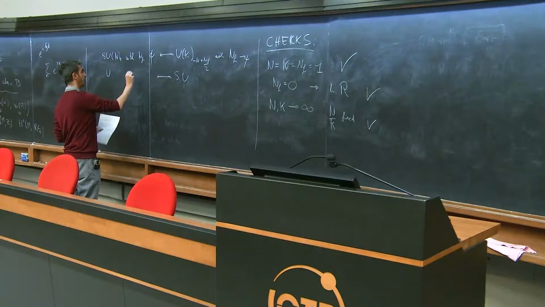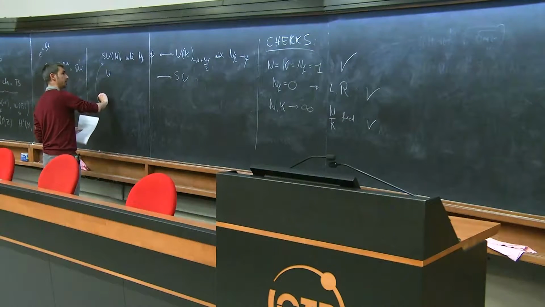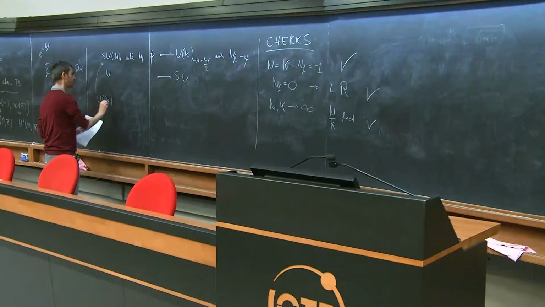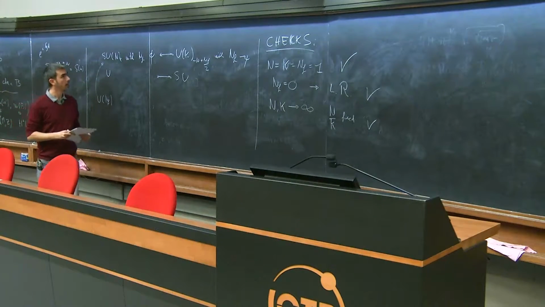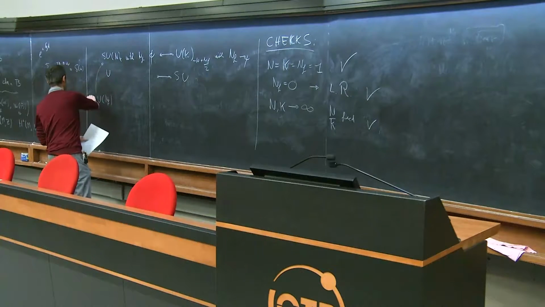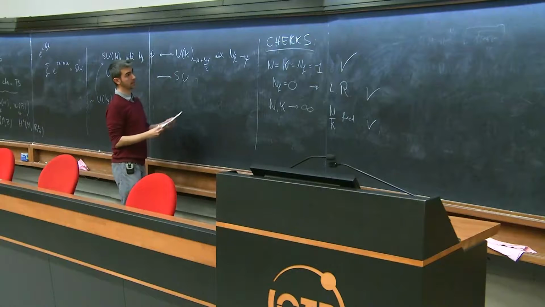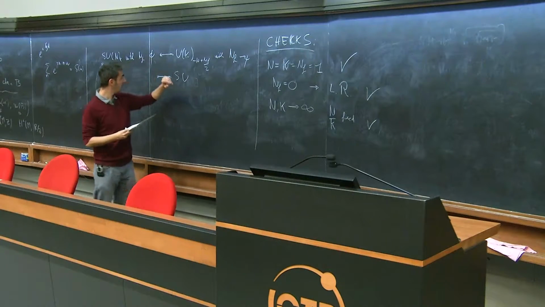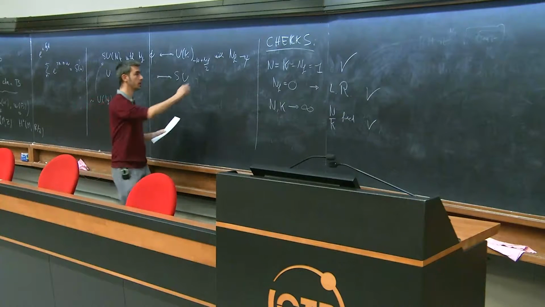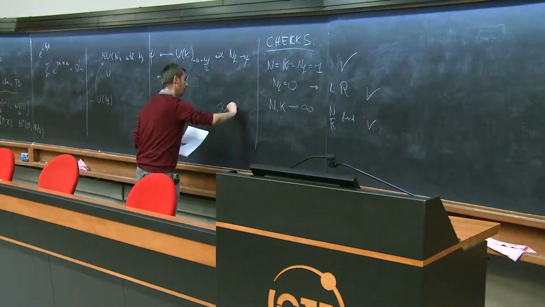Roughly, the global symmetry here is U(NF), rotating these complex scalars. In this theory here, it's similar, so there are NF fermions, so there is a symmetry that rotates these fermions. However, the U(1) here is gauged, so the symmetry that acts on these matter fields is only SU(NF).